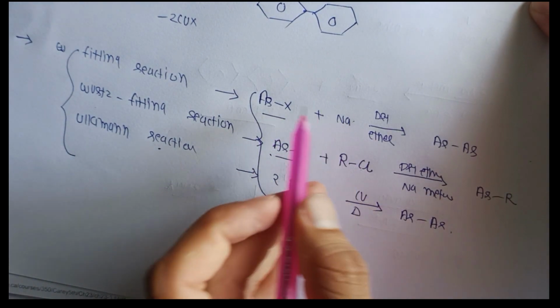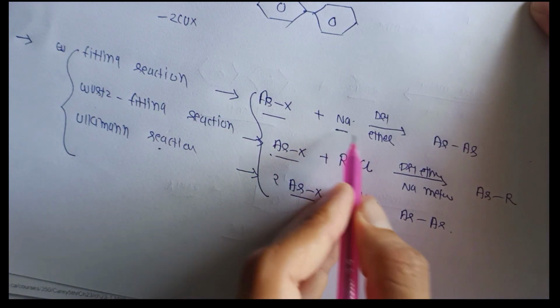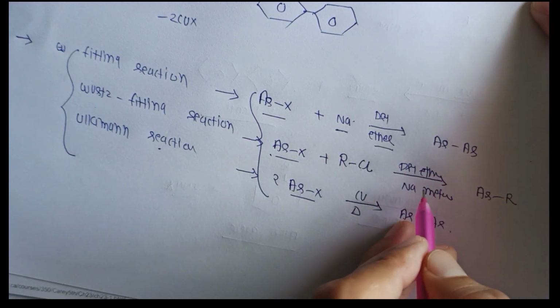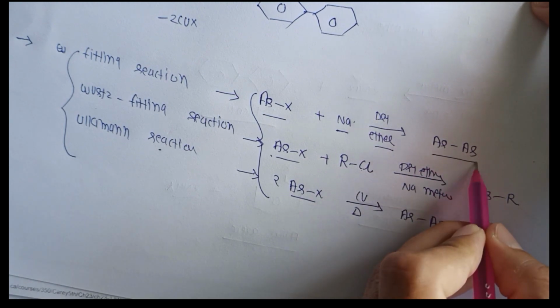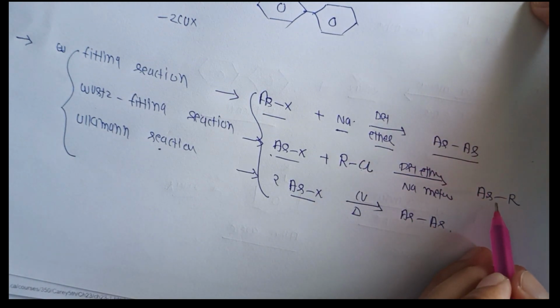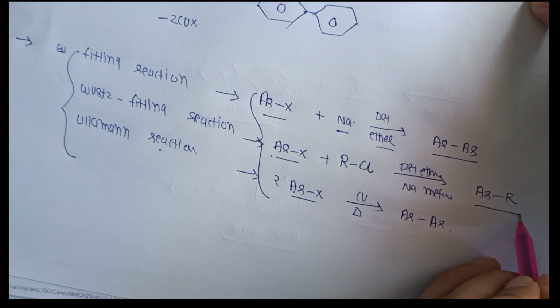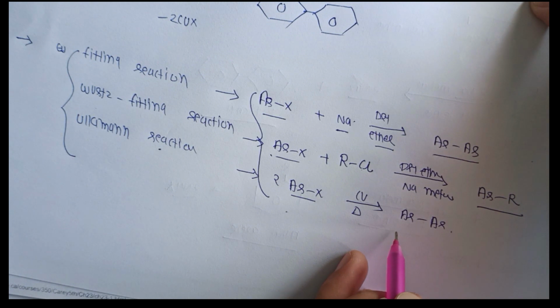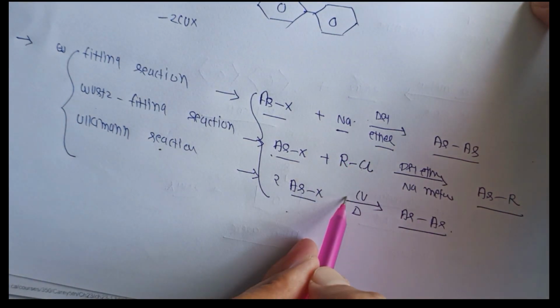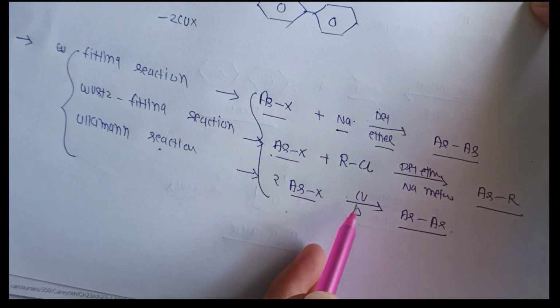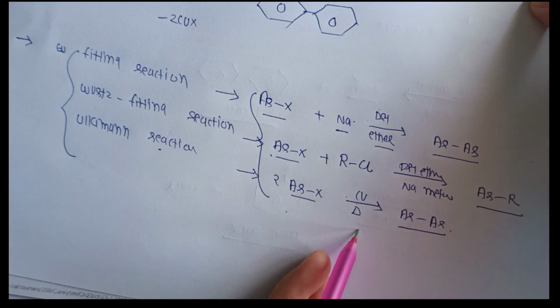In the Fittig and Wurtz-Fittig reactions, sodium and dry ether are common, and the Fittig reaction product is biphenyl. In the Wurtz-Fittig reaction, the alkyl arene is the product, and third is the Ullmann reaction. Here biphenyl is the product in both, the same. Here dry ether and sodium, there copper and high temperature.